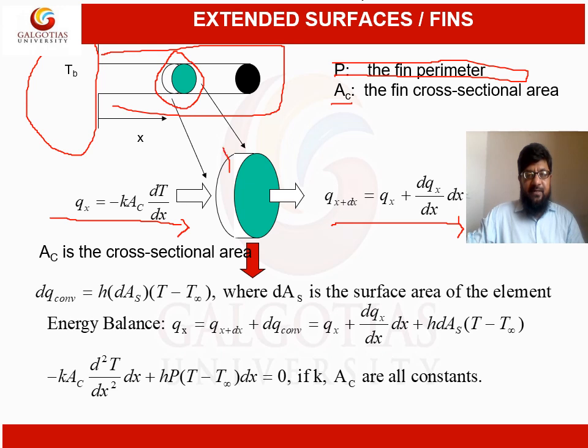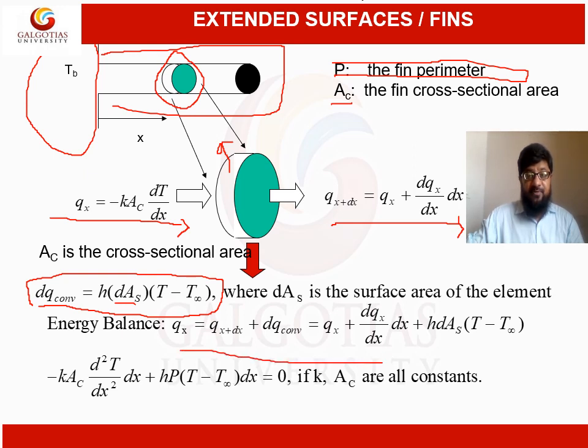And there is energy also which is leaving through the circumference by convection. So that heat transfer can be given as the surface area of the circumference times the heat transfer coefficient multiplied by the temperature difference between the ambient fluid and the local temperature.